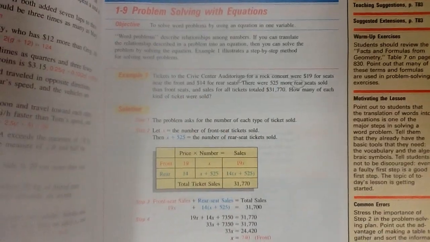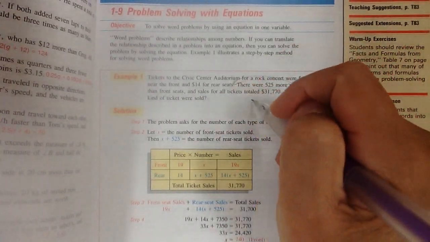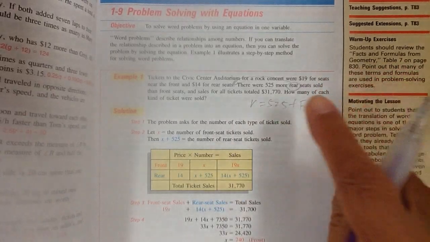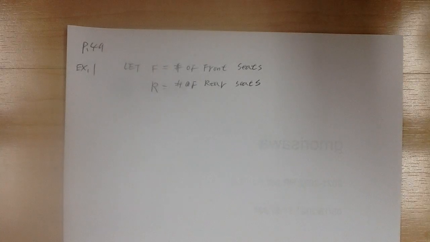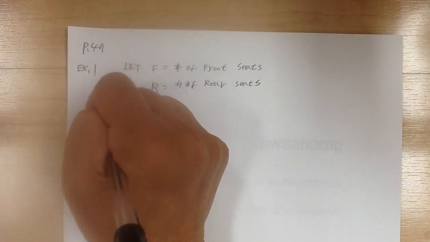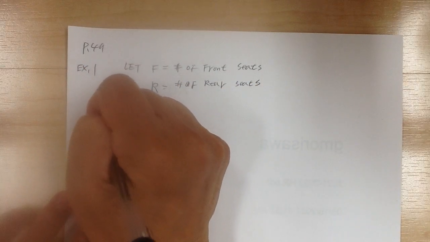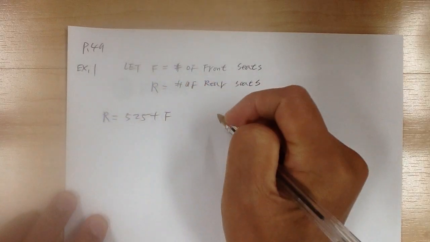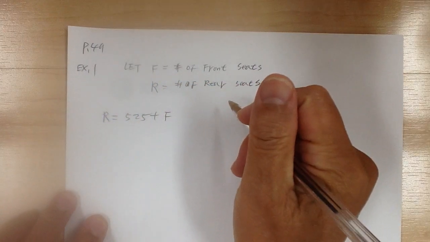So when you move this over here, R equals 525 plus F. That's how you translate. The key to doing the translation is to write down as you read. So that sentence is R equals 525 plus F, and there's another equation, the total.